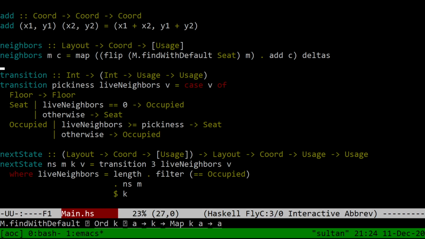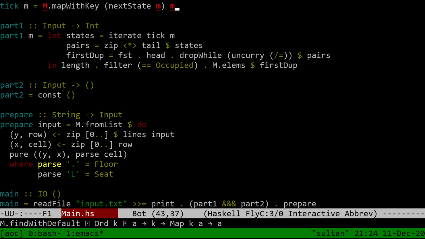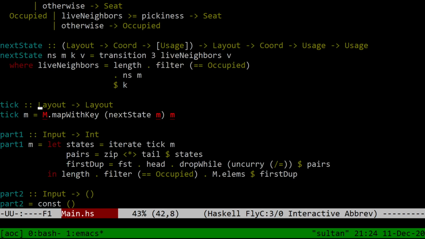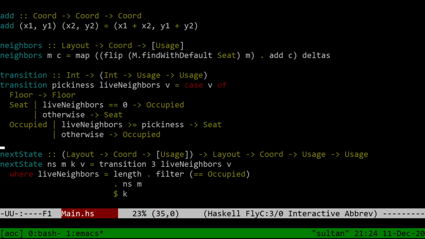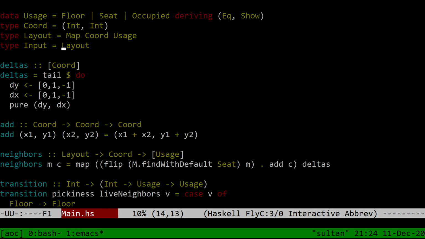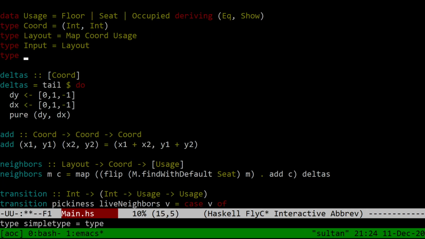All right. So now, does part one still succeed? No, because we haven't updated tick. Tick takes a... we should probably define a type for this. Type ticker equals this.